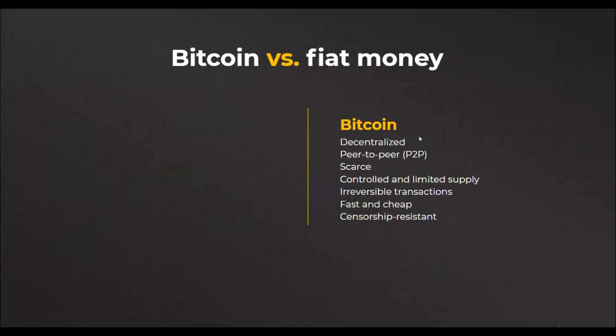Right. So we've talked about this. Decentralized is peer-to-peer. This is how fiat money works. You go to your bank and you deposit cash, right, to send to someone else, or you do a transfer. However you do it, there's a centralized body, which is your bank, holding those funds.